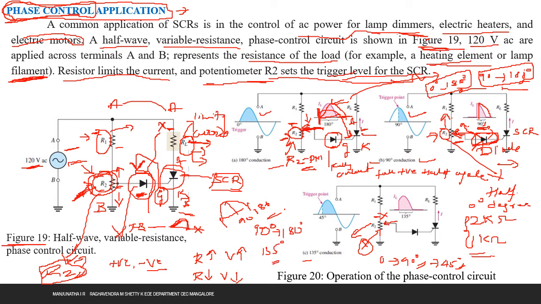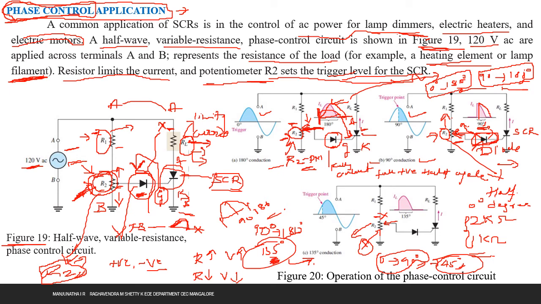It is not the middle between 0 to 90 degree, but between 90 to 180. If I say 0 to 90 degree, the middle point is 45 degree. The middle position between 90 degree to 180 means 135 degree conduction, because 90 plus 45 is 135.